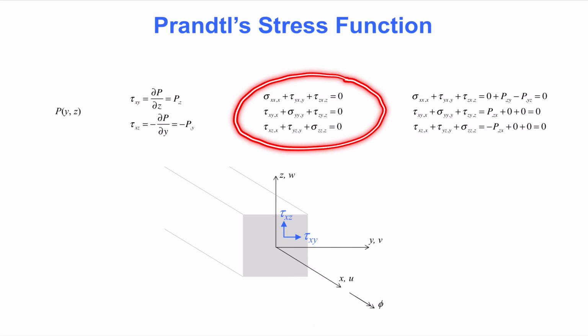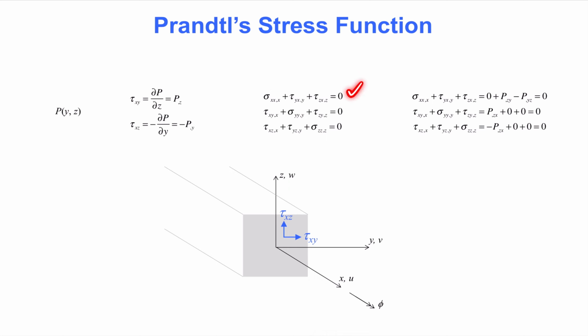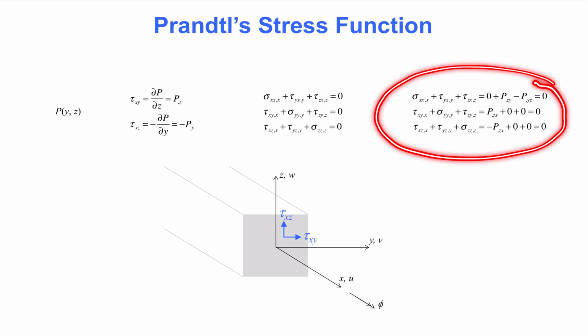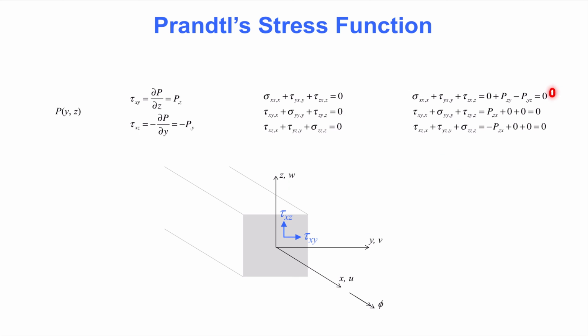The zeros at the end of the equations imply equilibrium in the three axis directions. On the right-hand side, the stress function is utilized to express the shear stresses. In that case, all three expressions turn out to be zero. That is because of the following reasons. First, the stress function does not vary with x. Second, all axial stresses are zero in St. Venant theory.